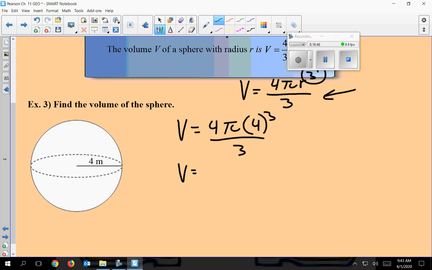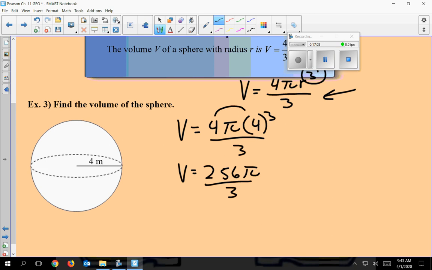And then 64 times 4 gives me 256 pi over 3. I could probably leave my answer like that. I think if I divide 256 by 3, I get like 85.3 pi. So you could leave it like that if you wanted to.